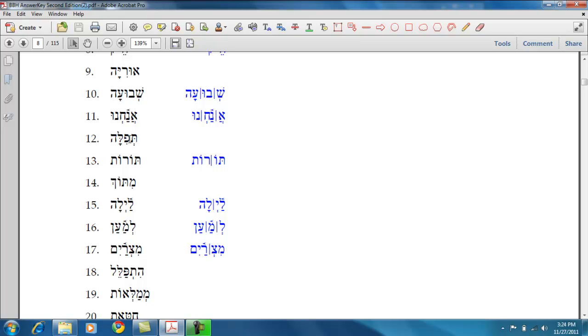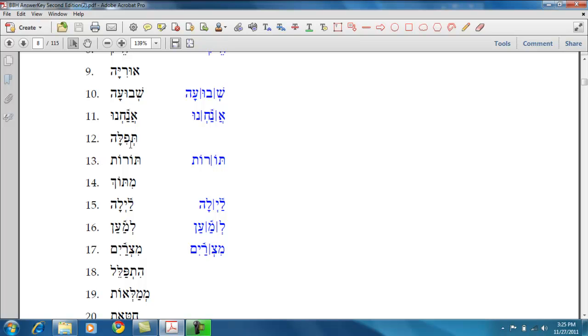All right, we have a fe and a hirik. So what we're going to do, the first syllable is going to be a tav with a dagesh and a shava. Put a vertical line, a fe, a hirik, and a lamed. Since you got this dagesh forte in the lamed, that means doubling dagesh. Then you start the third syllable with lamed, kamets, and hey. Tefillah.